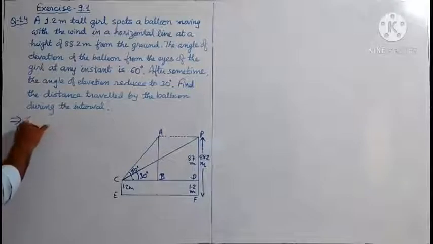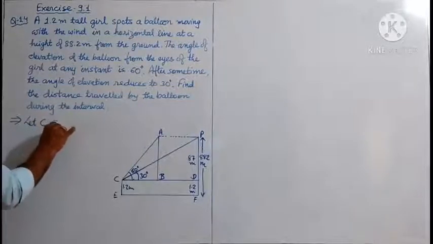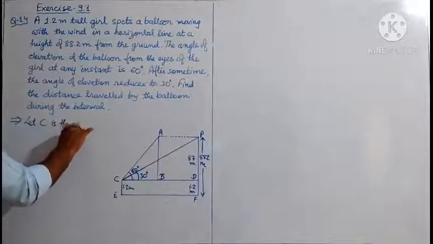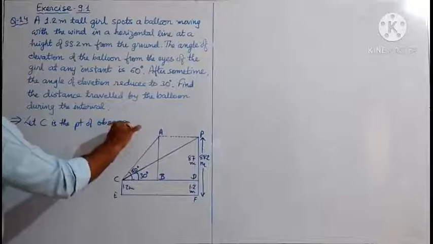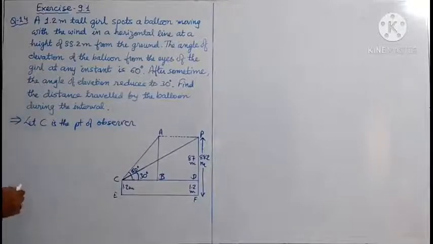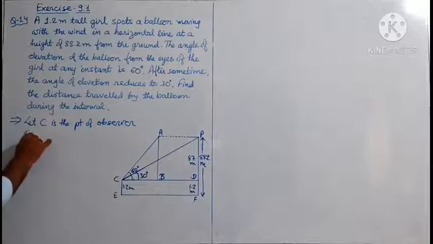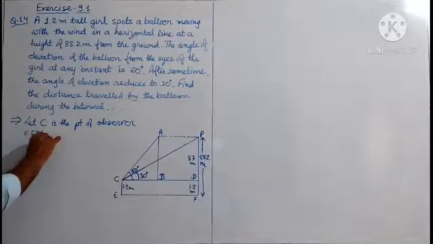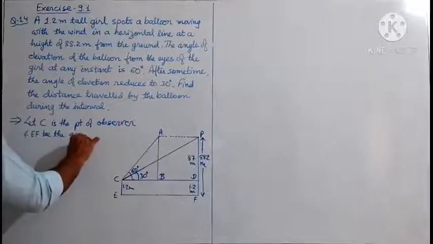Here, let C be the point of observer and EF be the ground.